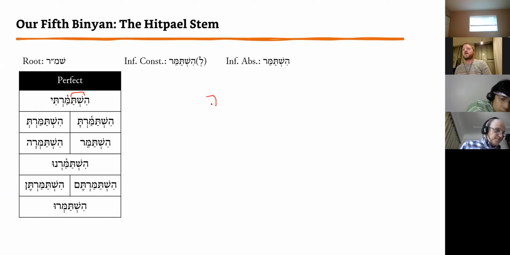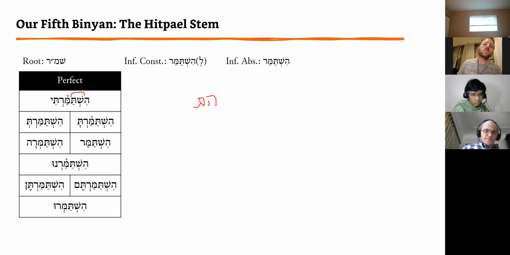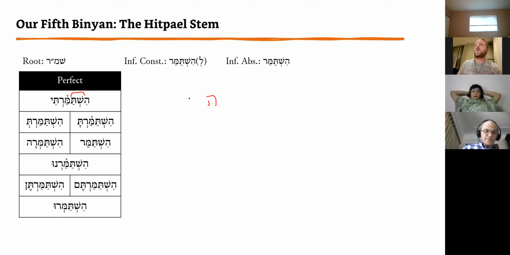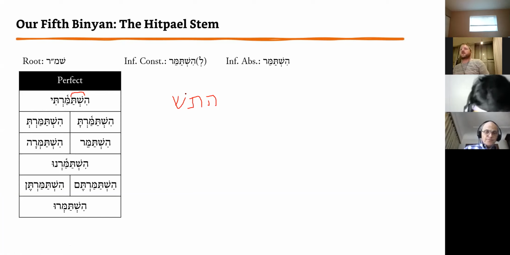Okay, if you have hit, and it's followed by one of the sibilants, well, that just can't be good, can it? Try this again. When you've got the hit prefix, and it's followed by one of the sibilants, shin, samech, zayin, sin, or tzadi even, they trade places.